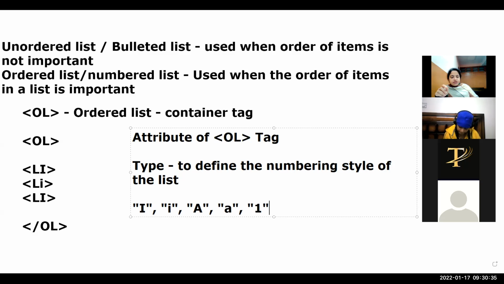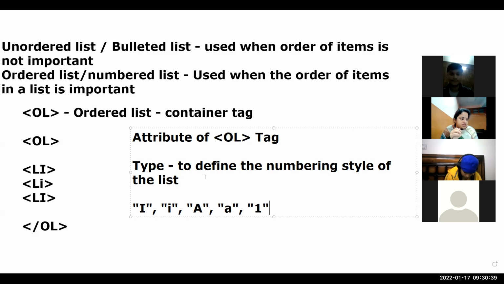But you can change the numbering style to capital A, B, C. That means the list items will start with uppercase letters, or small a, b, c, so that the numbers start with lowercase letters, uppercase Roman letters and lowercase Roman letters.